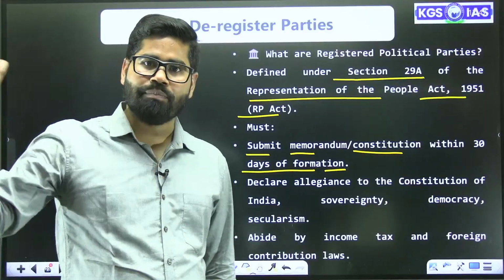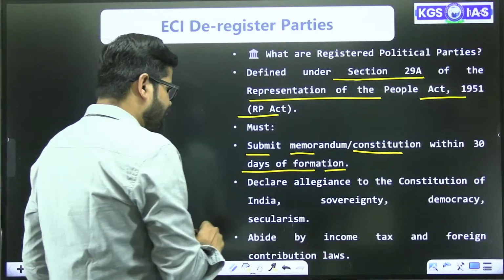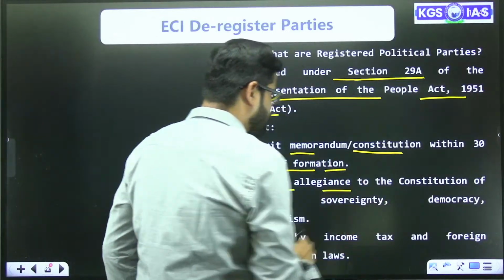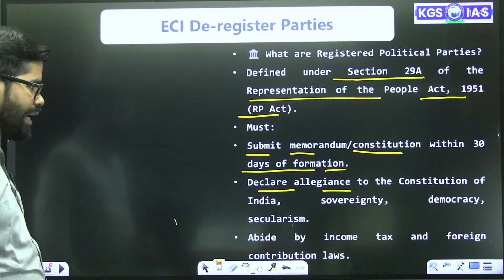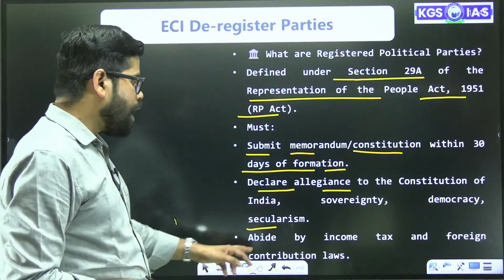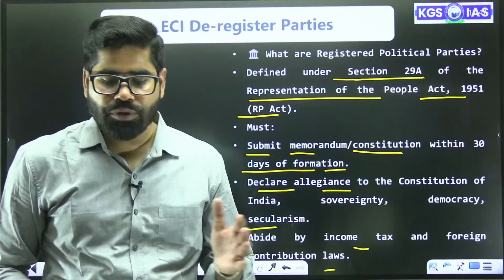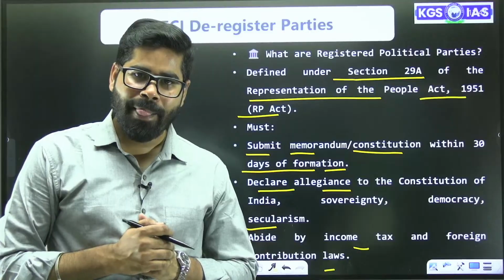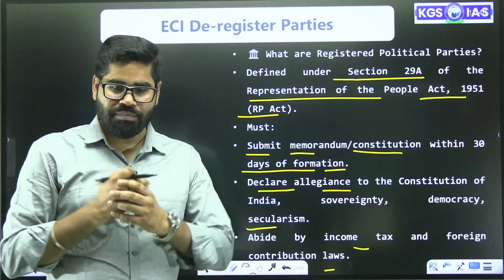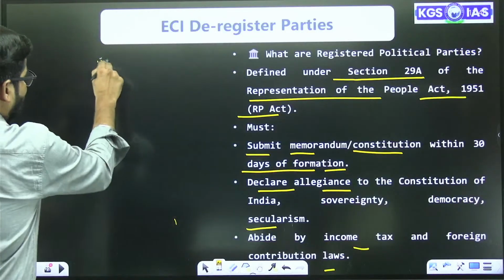That this is our mandate, this is our constitution, we are going to work like this. Then they have to declare allegiance to the Constitution of India, sovereignty, democracy and secularism. They have to abide by income tax and foreign contribution laws. So they have to follow all these rules. Now, why are people sometimes forming political parties? Okay. They are getting certain benefits.